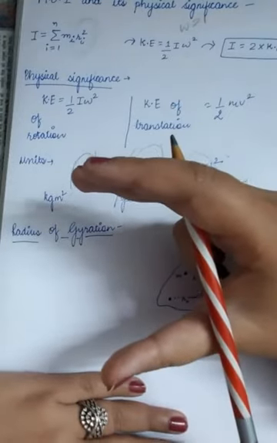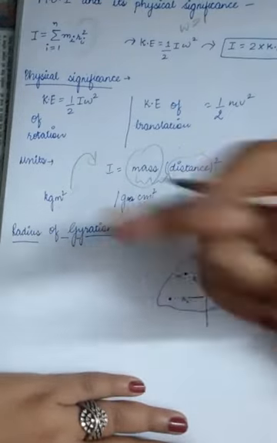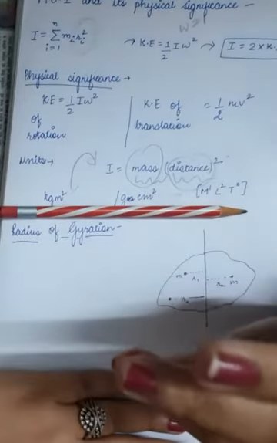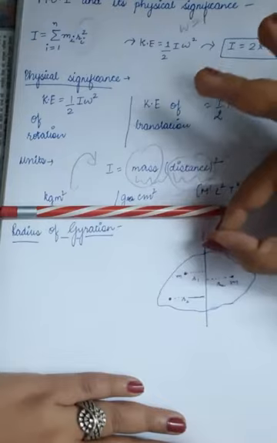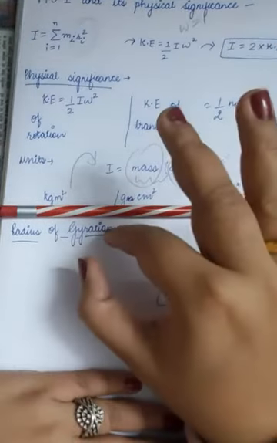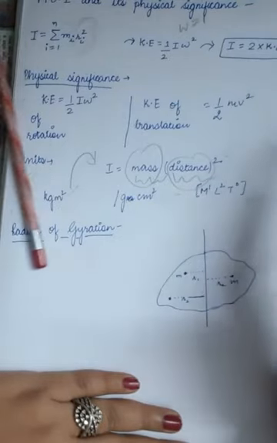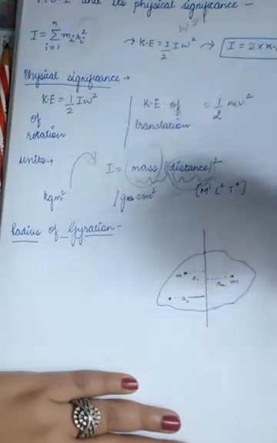Always remember this, because when you want to move a body in rotational motion, it matters what amount of force you are applying and where you are applying the force. Like here, the body is not rotating. Here, the body has shown a curve and it might rotate.